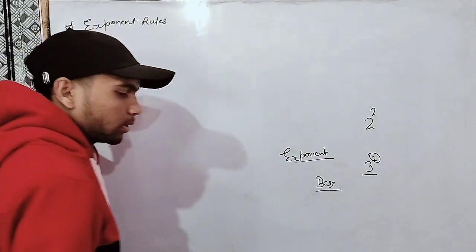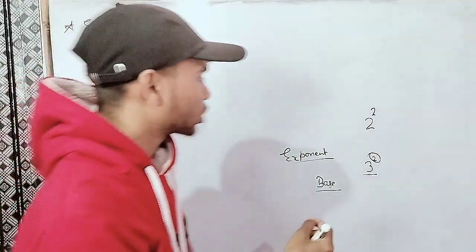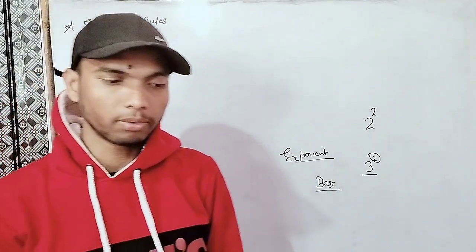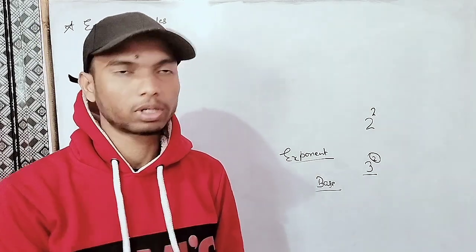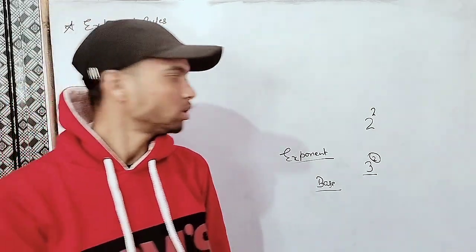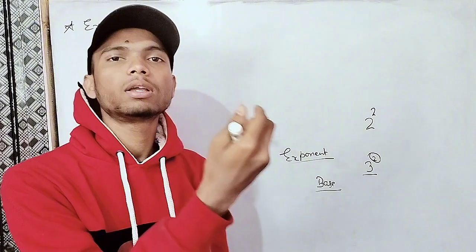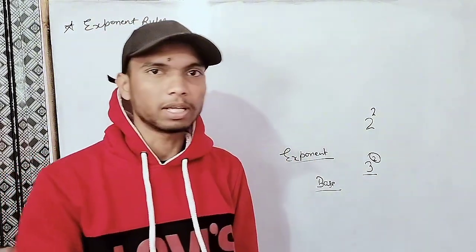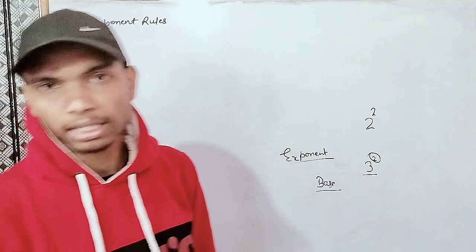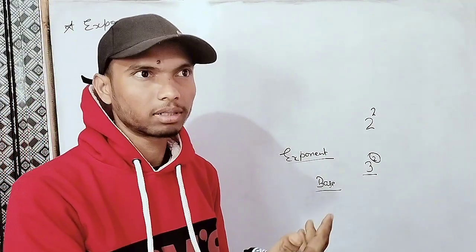Okay. And the exponent is also called the power. So don't get confused. Exponent will be known as power as well, but base will be base. We can't define base in another word.